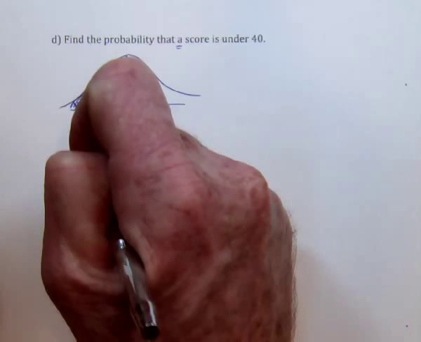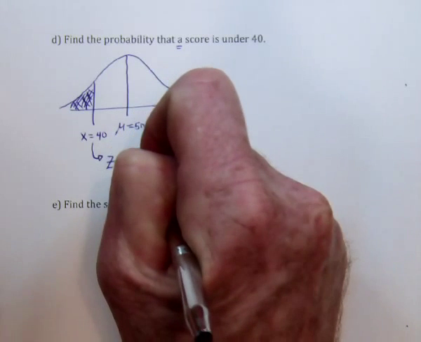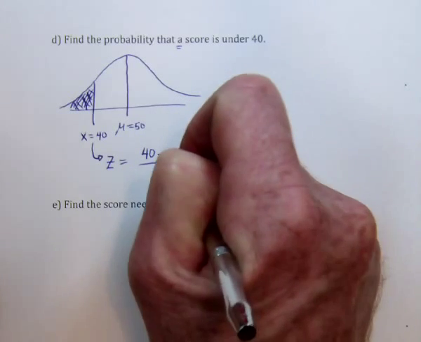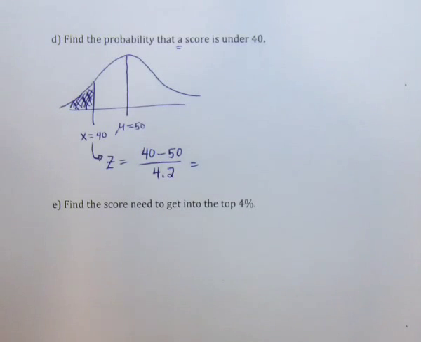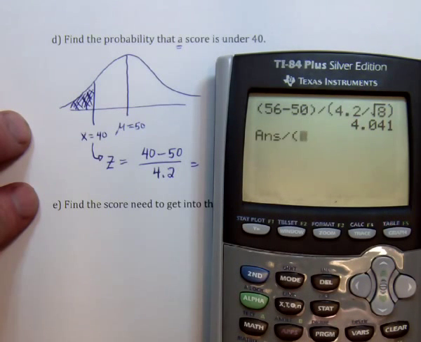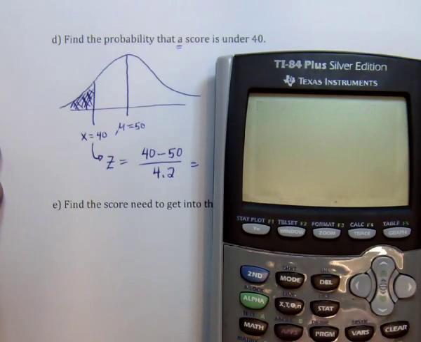So once again, do the z-score. This time it's just the regular z-score, so it goes the score of 40 minus the mean of 50 divided by the standard deviation of 4.2. So, 40 minus 50 in parentheses, and then divided by 4.2.